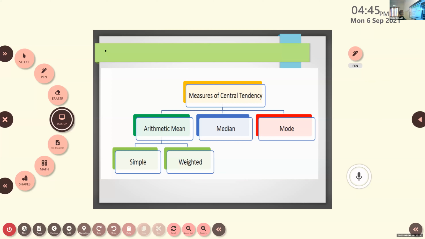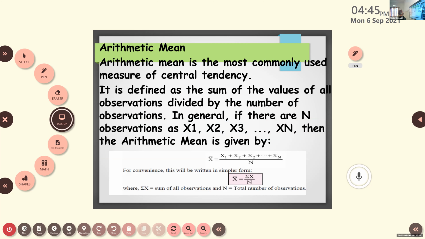Now, measures of central tendency, I told that it is divided into different categories: arithmetic mean, median, mode. In mean itself, there are two types, simple and the weighted one. I'll tell you in detail later. Now, first is about arithmetic mean. So this is the most common method we are following in the measure of central tendency.